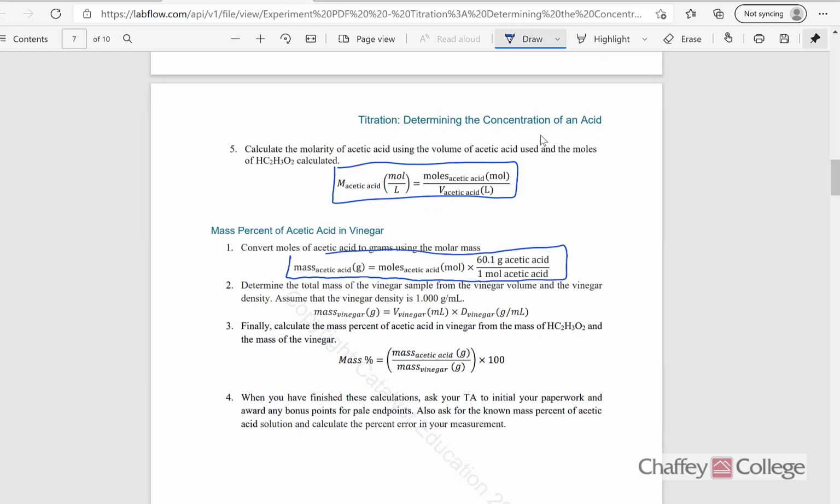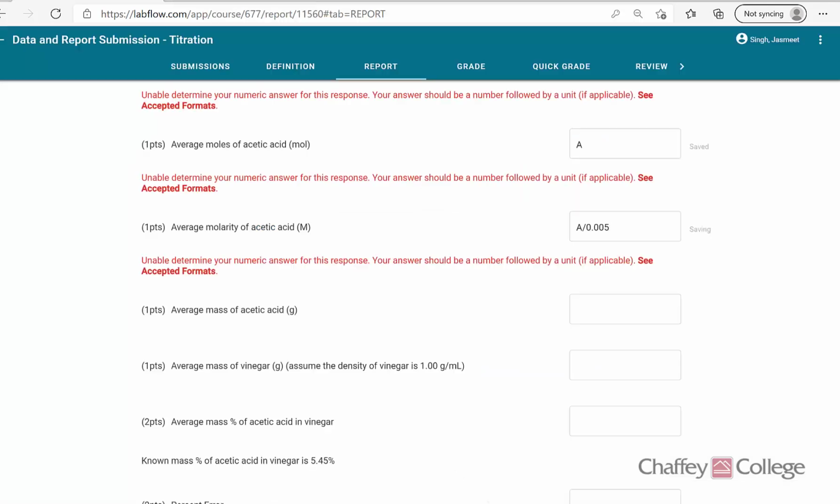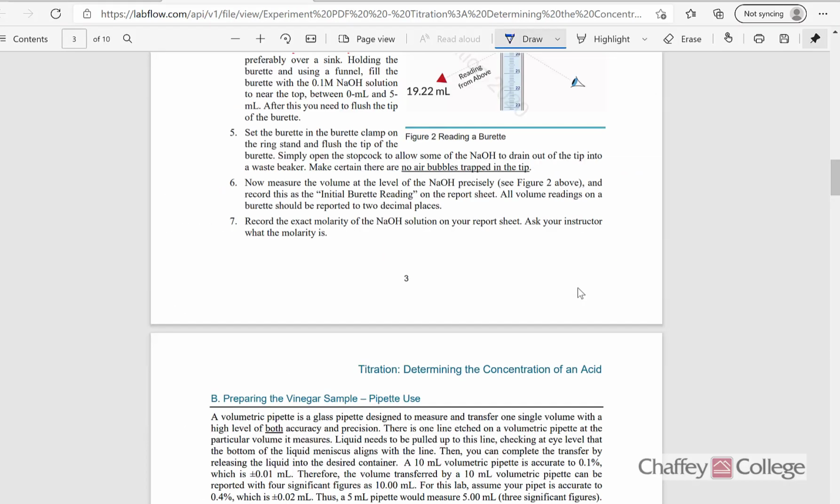Mass of acetic acid is equal to moles of acetic acid multiplied by 60 divided by 1, so we can ignore 1. In the calculation table, average mass of acetic acid is equal to moles, so moles are A.